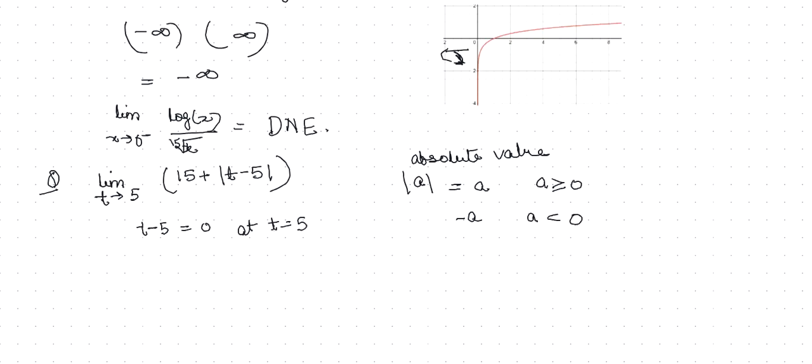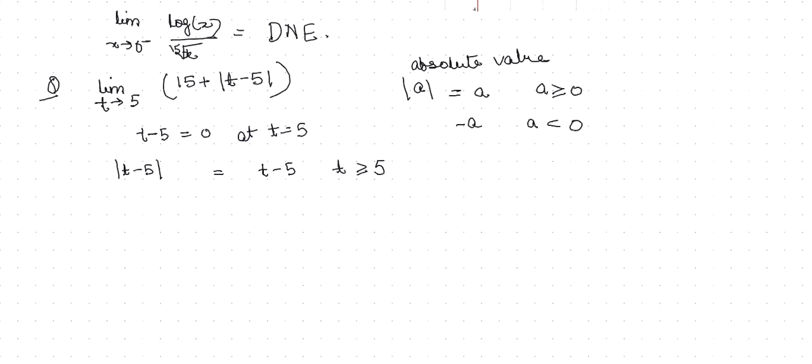So absolute value of t minus 5 is equal to t minus 5 when t is greater than or equal to 5 and it is minus t minus 5 when t is less than 5. Okay.